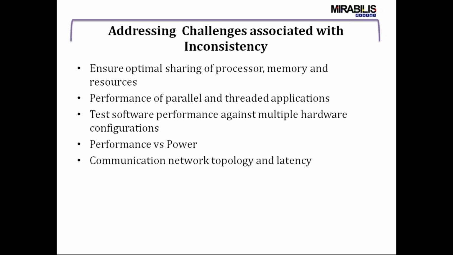Okay, and in addition to that, one very crucial aspect of early system exploration, to make sure that your specification is going to meet your requirements, is that the set of applications that you're trying to run must be able to run with multiple hardware configurations.